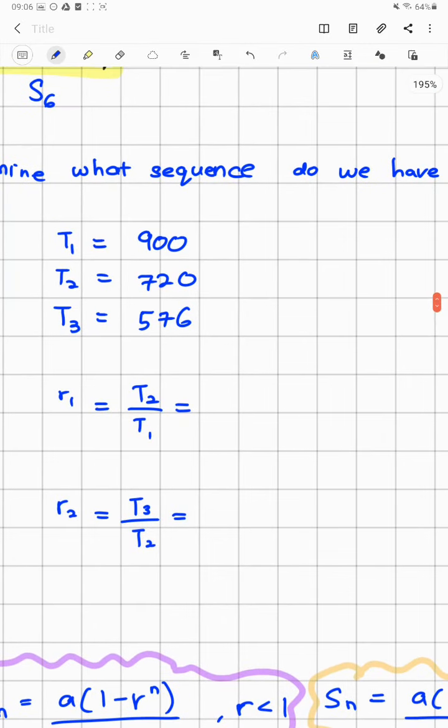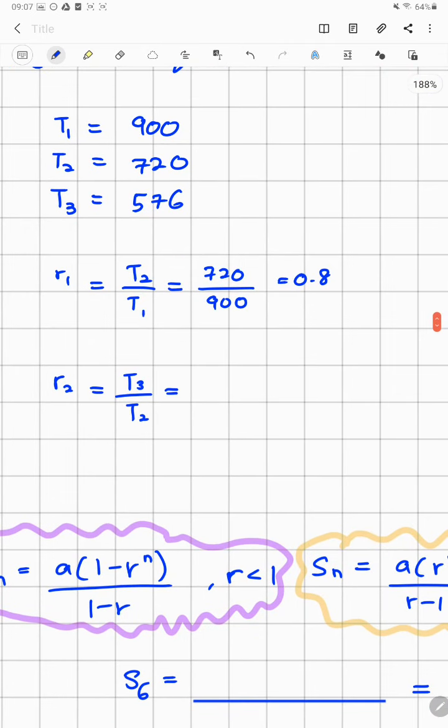The common ratio is T2 over T1, which is 720 over 900, so you will get 0.8. Then the second common ratio, T3 over T2, is 576 over 720, so you will get 0.8. Here you can see the common ratio is the same, 0.8.